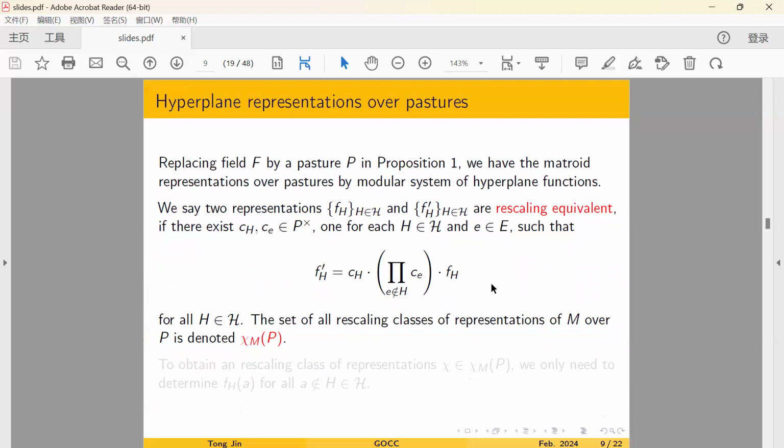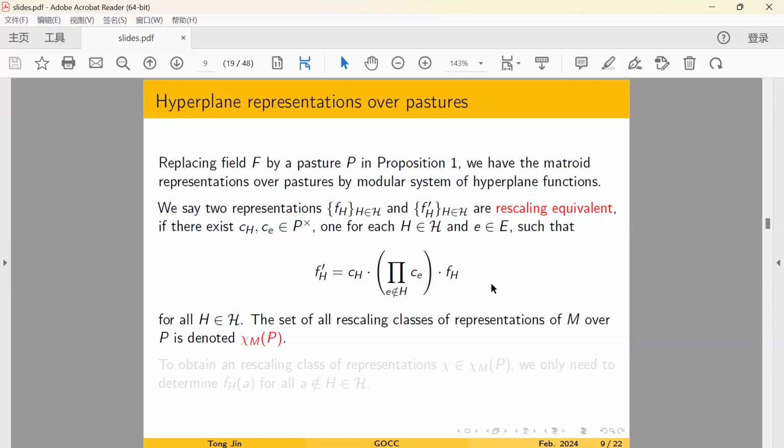Well, if we go to the classical case, if we are about to represent a matroid, say by a matrix, then of course you can do the row operations of the matrix, and then you get the same row space, but a different matrix, but you still have the same matroid outside of this matrix or the linear space.